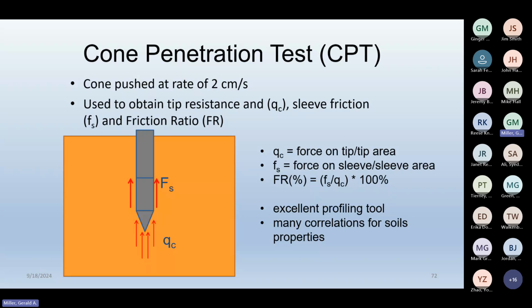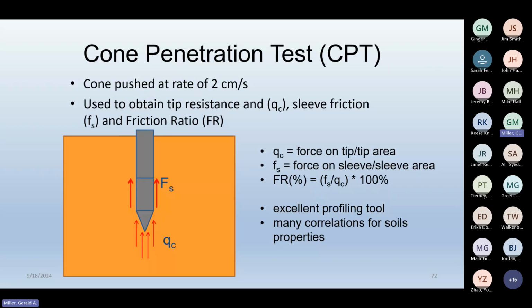The classification schemes that are out there, you can parse the soil types into pretty fine detail, like 9 different categories or something like that. But it is useful. So it's a good profiling tool, meaning that you can get soil type with depth. The other thing that I love about this particular test, well, there's more than one thing, but one is that it's relatively operator independent.